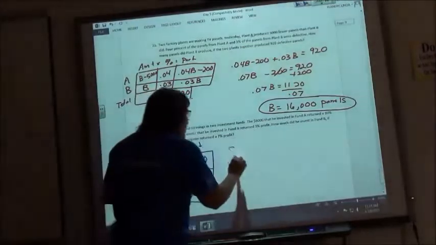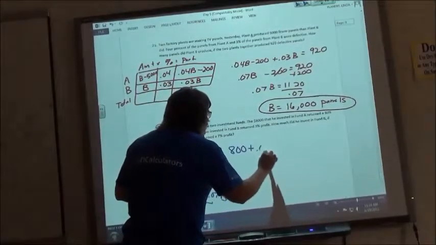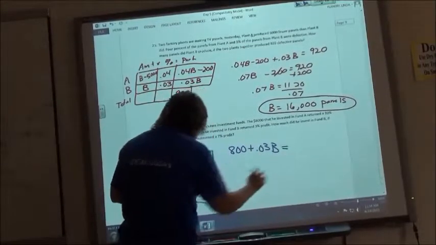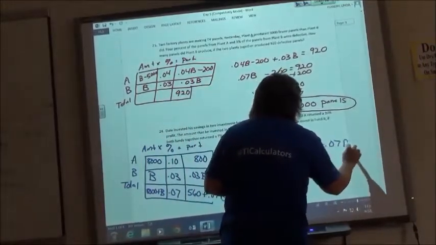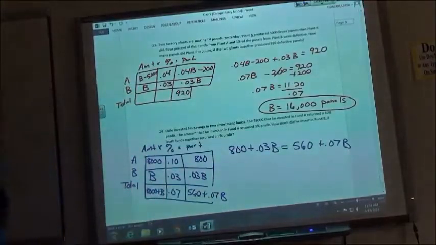So the part that he made in A plus the part he made in B should equal the total profit that he got all together. And so now I have my equation.